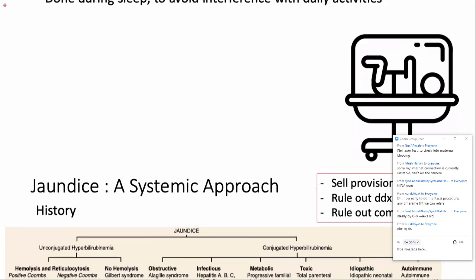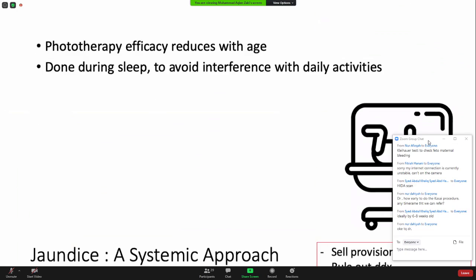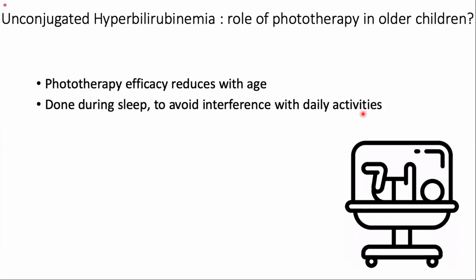Now, a systemic approach to jaundice, of course, history and physical examination. Wait, even in newborns, after 14 days of life, even if the jaundice is high, we don't actually give phototherapy. Phototherapy is only for less than 14 days in term and less than 21 days in preterm infants. Why?